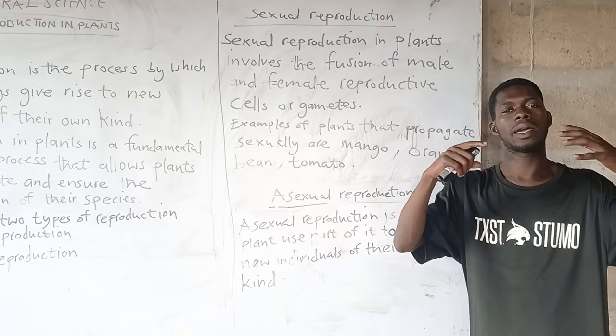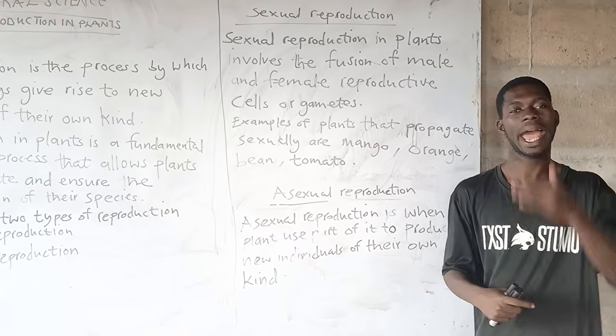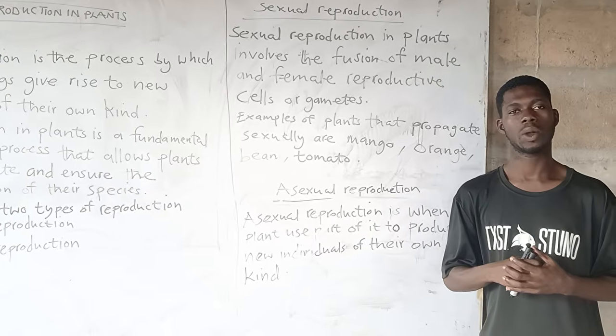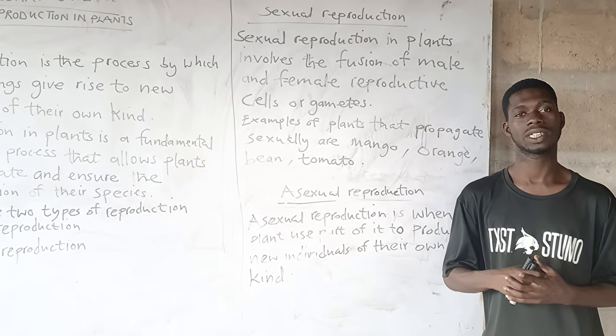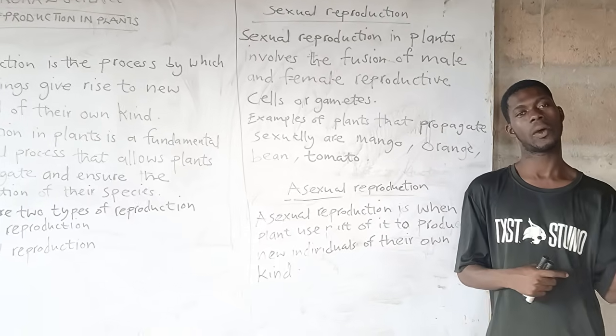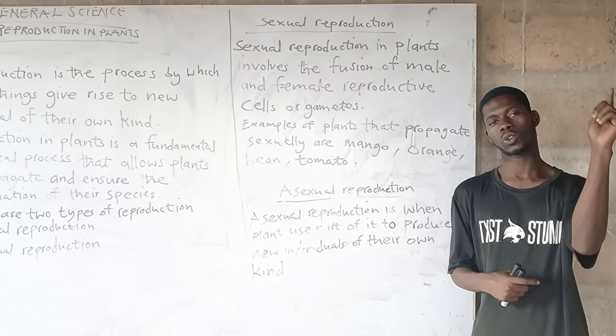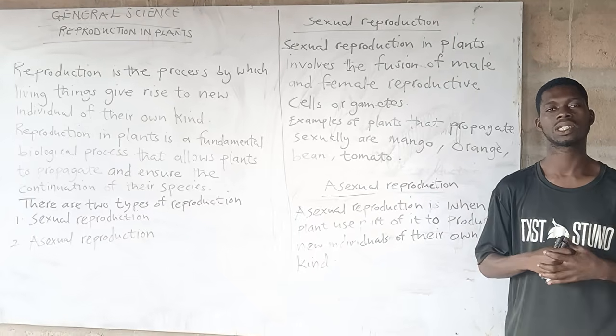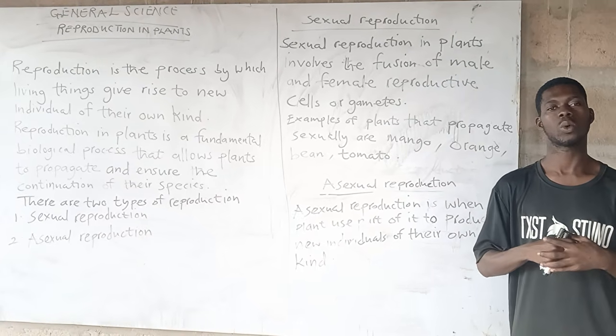The process called pollination helps sexual reproduction to occur. Pollination transfers the pollen grains from the stamen to the ovum, and that helps sexual reproduction to occur.